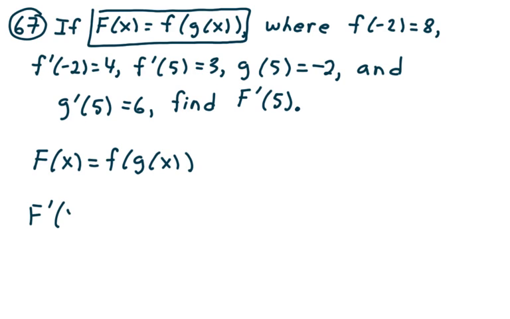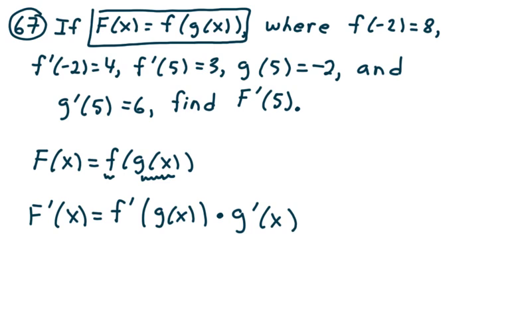So capital F prime of x, I'm going to take the derivative of the outside function, so we'll say f prime, evaluated at the inside function, g of x, and we're going to take that result and multiply by the derivative of the inside function.